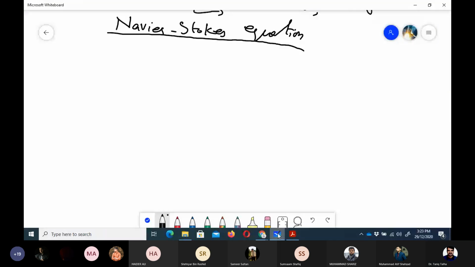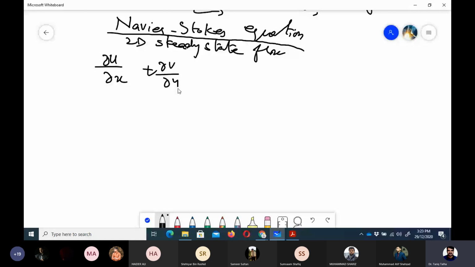So here, first of all, in the Navier-Stokes equation, we have the continuity equation for the 2D steady state flow: partial u by partial x plus partial v by partial y is equal to 0.